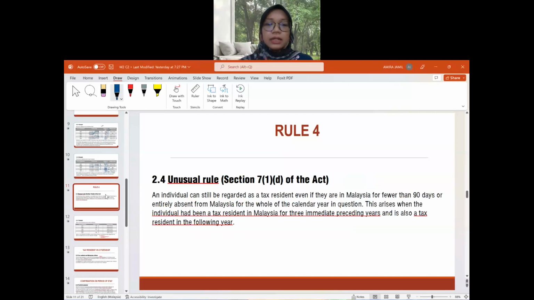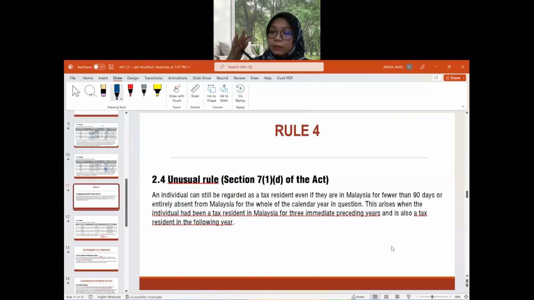Rule number 4 is called the unusual rule. For the unusual rule, the individual can still be regarded as a tax resident if he stays in Malaysia for less than 90 days or is entirely absent from Malaysia for the calendar year, for the year of assessment, but the individual is considered as a tax resident for the 3 immediate preceding years.